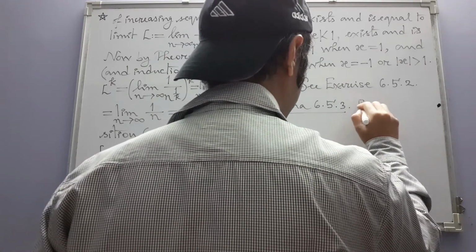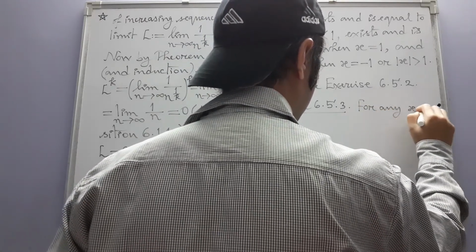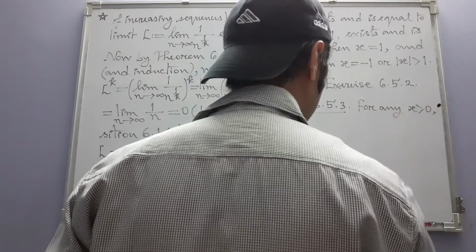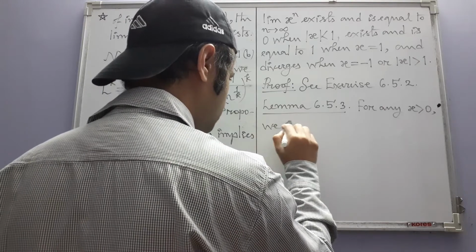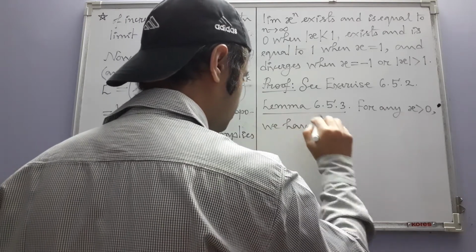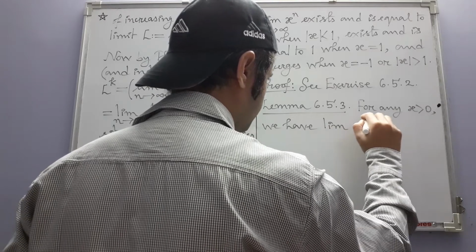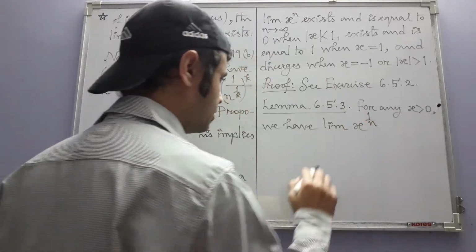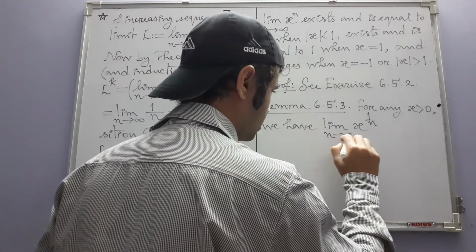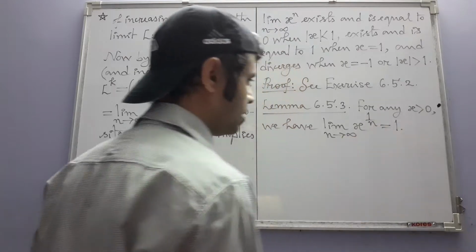For any positive real number x, we have the limit of x to the power 1 over n, as n approaches infinity, is equal to 1.